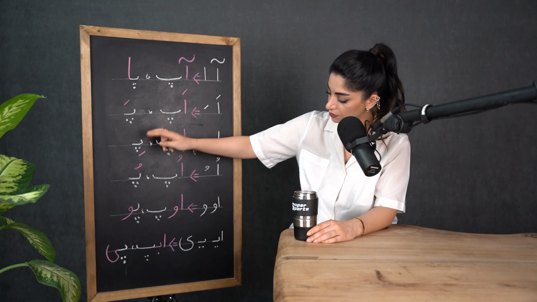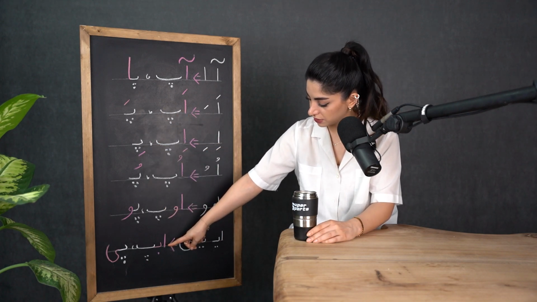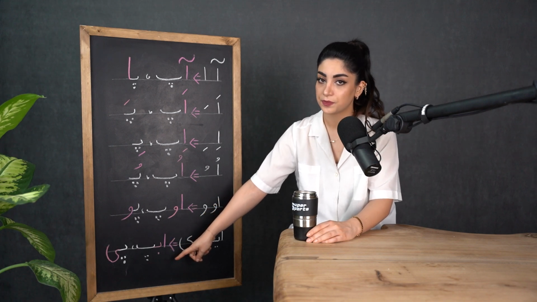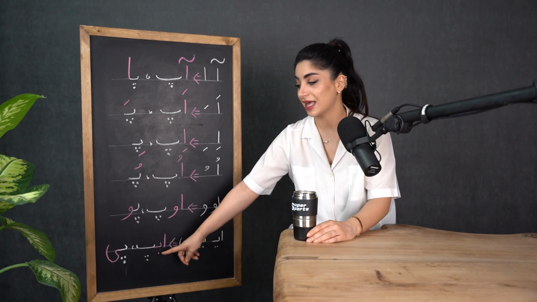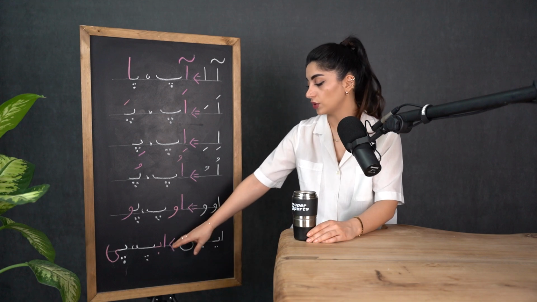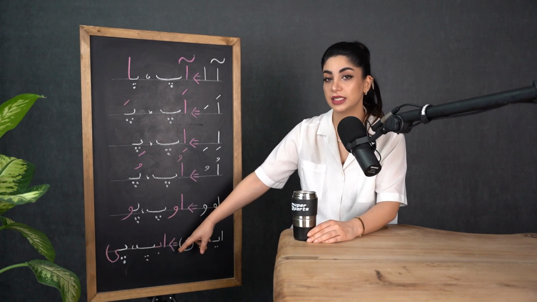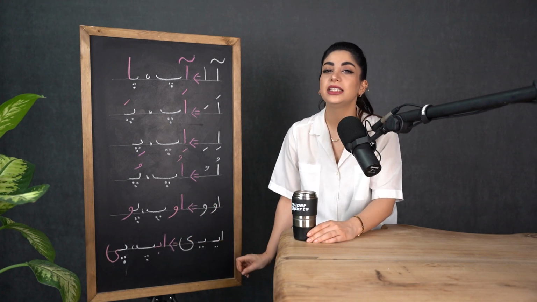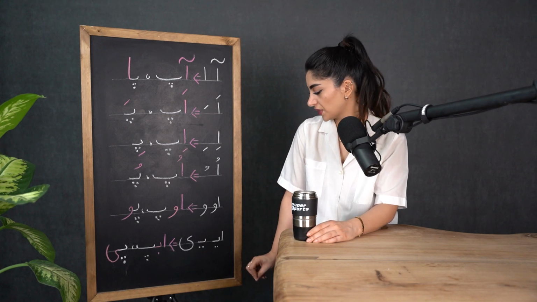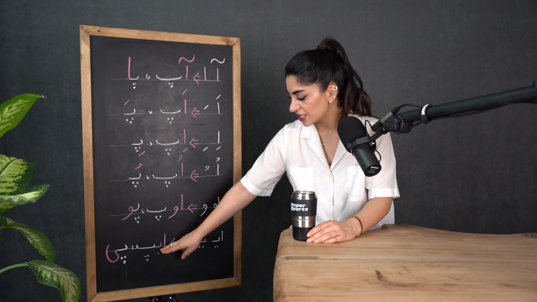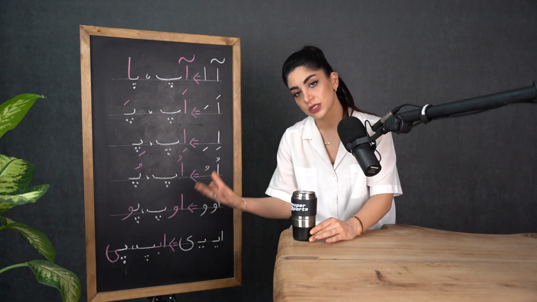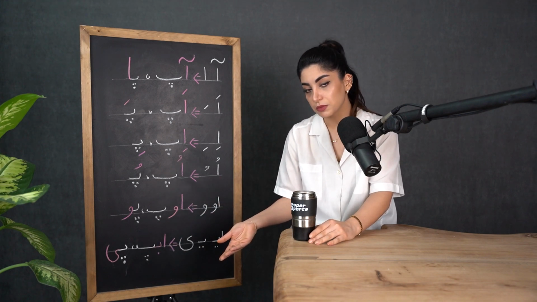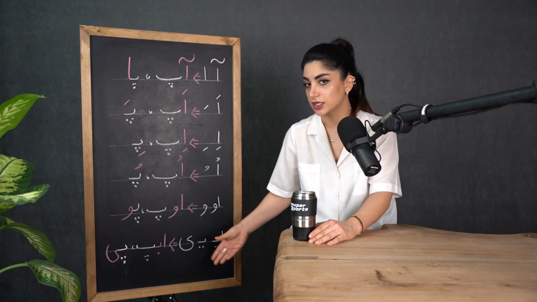So if this one wanted to play, comes just right here, E, E, and then we have P. So E, P, together, Eep, Eep. This one attached just like this, sometimes in the middle, sometimes at the end, doesn't matter.